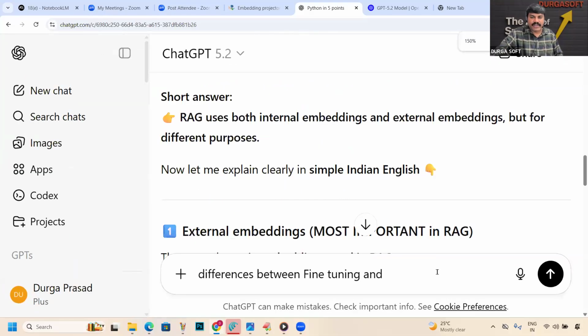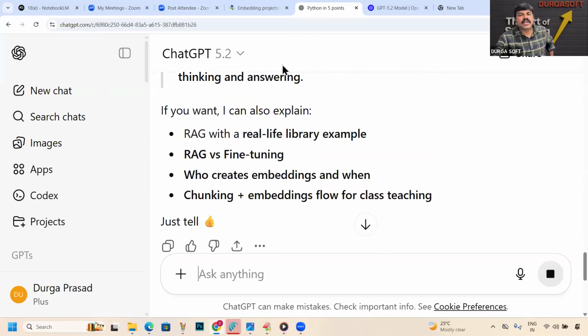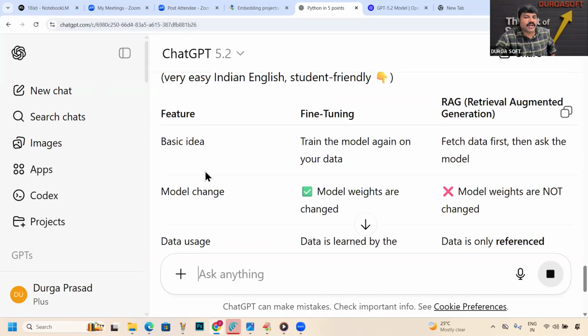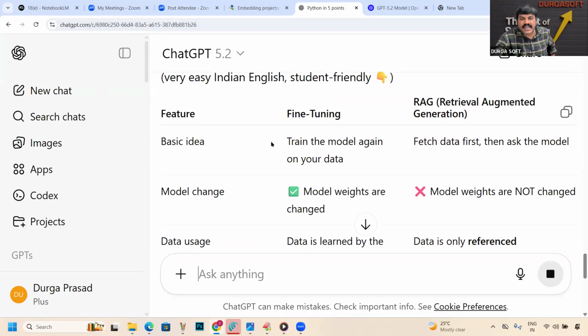Difference between fine-tuning and RAG, in tabular form. Now, can you please try to get some clarity at least? Yes, wonderful.